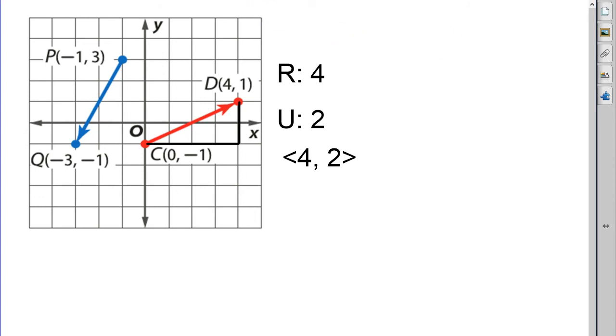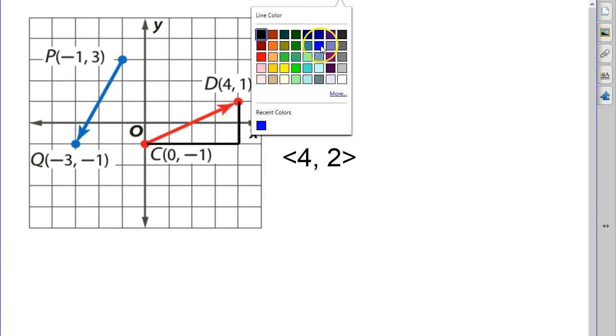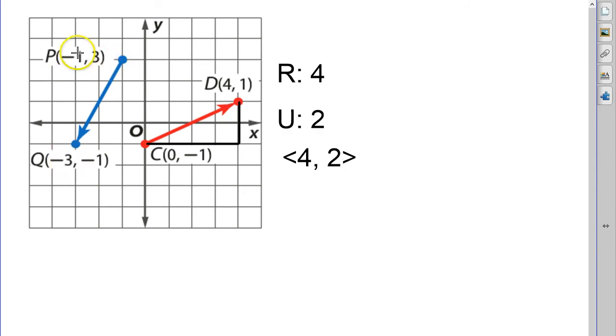Okay, so for the blue one, looking at this guy, to get from P to Q, because again, P is the initial point, Q is the end point, I'm going to go left 2, and then I'm going to go down 4.